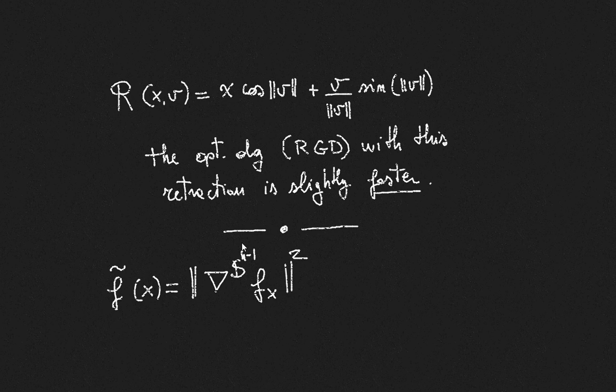So if you apply the optimization procedure to this function, you get an algorithm to, let's say, if you have a roughly approximated eigenvector, so you more or less know where the eigenvector is for some reason, then you can use the Riemannian gradient descent on this function to improve the approximation.